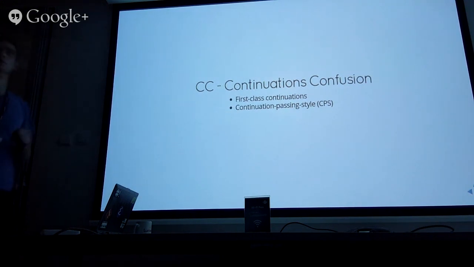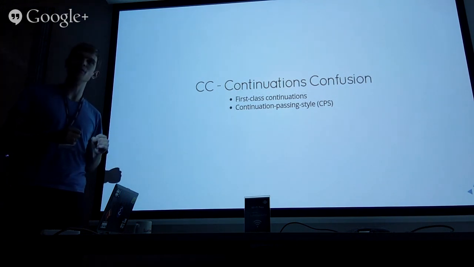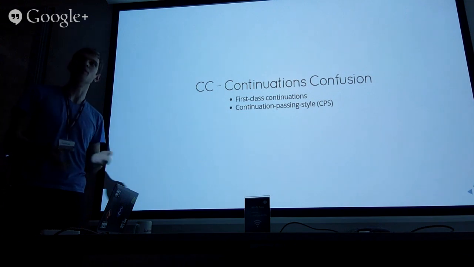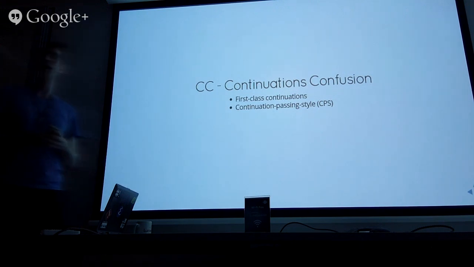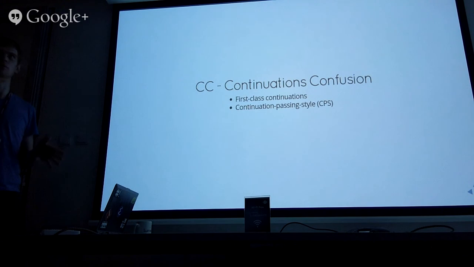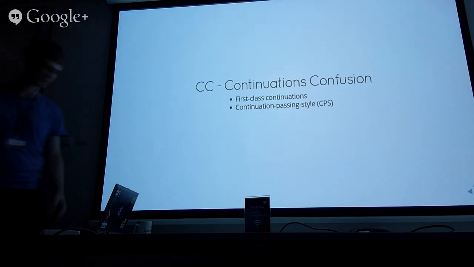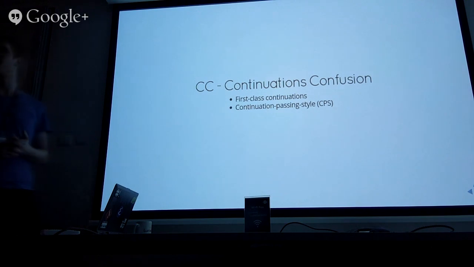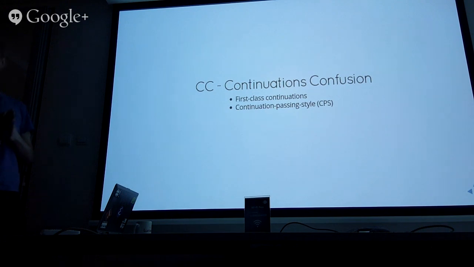But there are first-class continuations, which is what is actually implemented in Scheme, as I said, and Haskell, for example, with some specific model. And what's interesting, Ruby has first-class continuations.